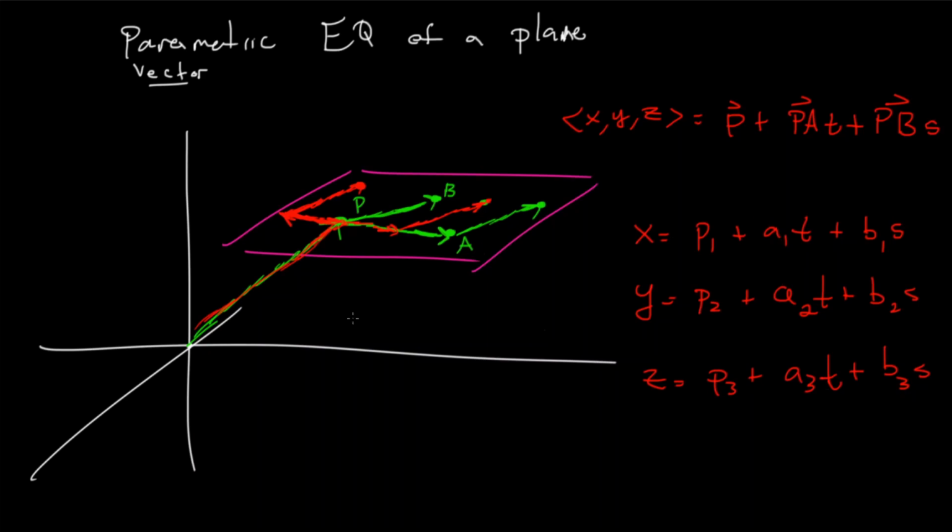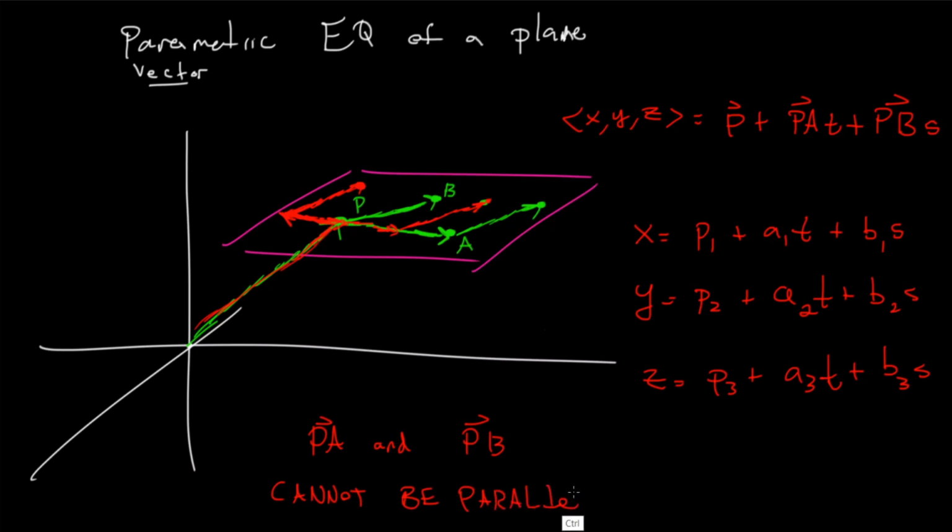We are using vectors and parametric equations to describe a flat surface in space. We get to the plane, and we have 2 directions that describe all the points. There is one necessary feature, and that is PA and PB cannot be parallel.